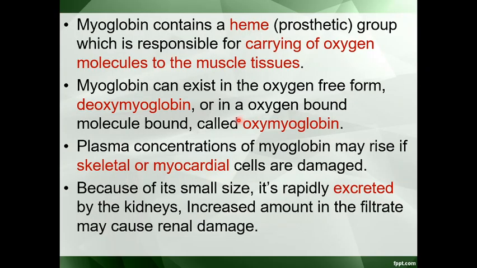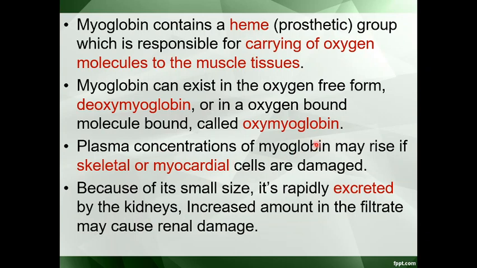Myoglobin contains a heme prosthetic group which is responsible for carrying oxygen molecules to the muscles. Myoglobin exists in the oxygen-free form, deoxymyoglobin, just like hemoglobin: an oxygen-free form and an oxygen-combined form.